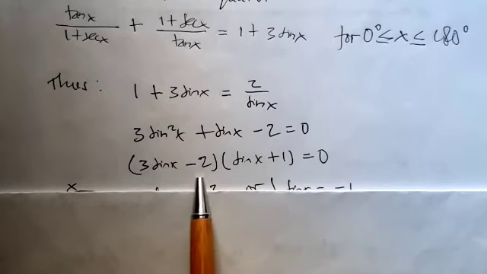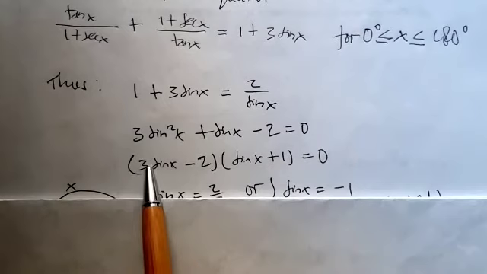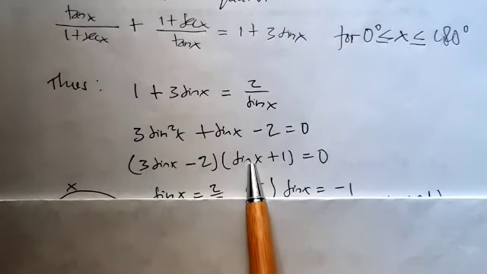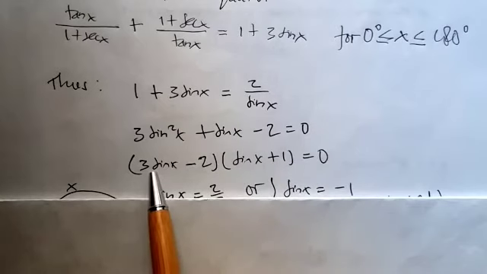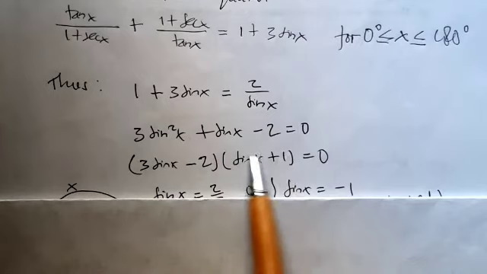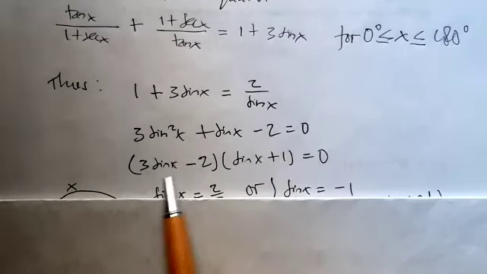Factorization: (3 sin x - 2)(sin x + 1) = 0. Checking again: 3 sin squared x, minus 2 sin x plus 3 sin x which is sin x, and minus 2 times plus 1 is minus 2. Thus this factorization is correct.